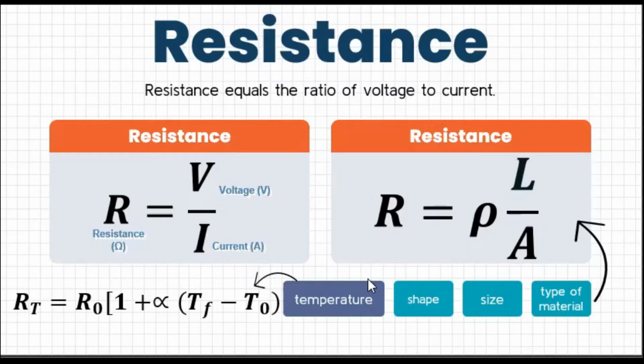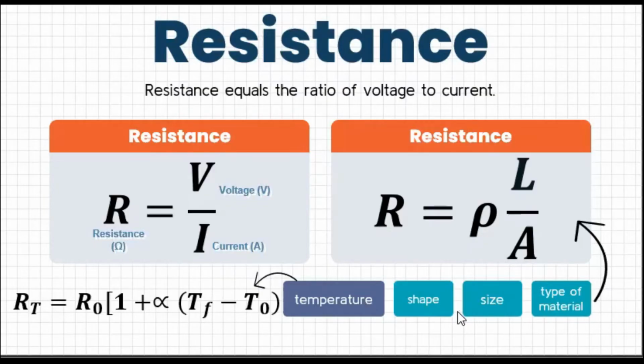Based on this mathematical expression, we can see that the value of the resistance of a specific material depends on the type of material used, based on the resistivity of that material, then the length of the material, and then A, the area, which expresses the shape of the material.